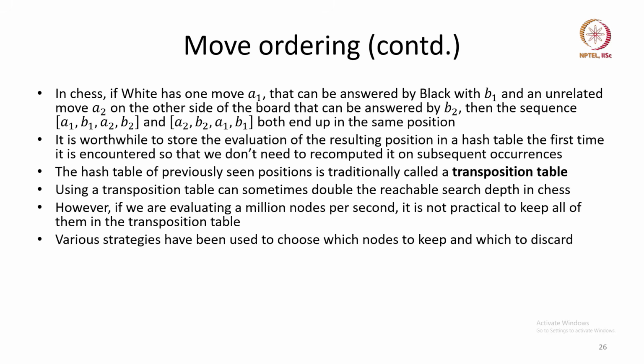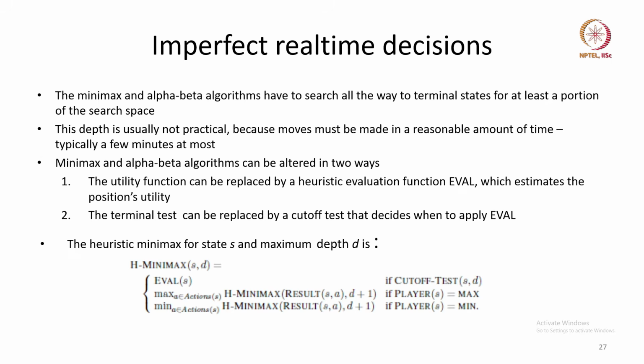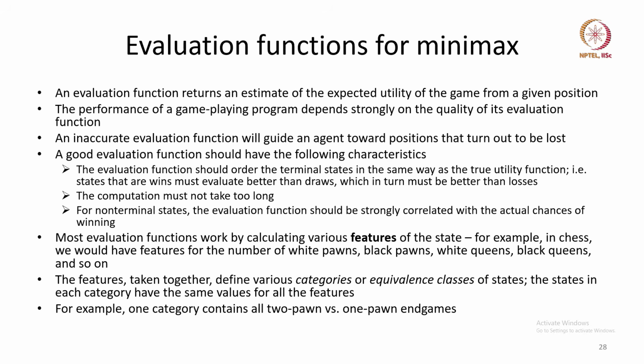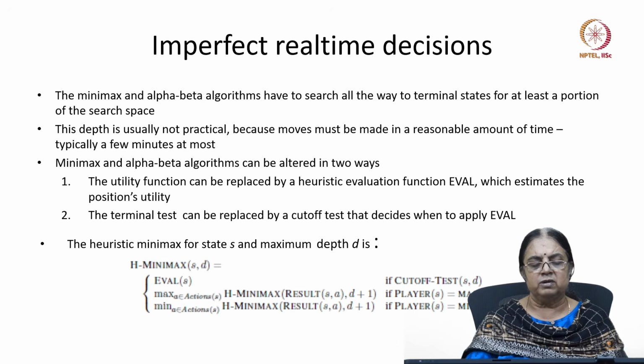The minimax and alpha-beta algorithms have to search all the way to the terminal states. But in the case of chess, etc., you use what is called imperfect decisions. You decide up to how much depth you're going, and after deciding that, you evaluate those nodes and then back it up.